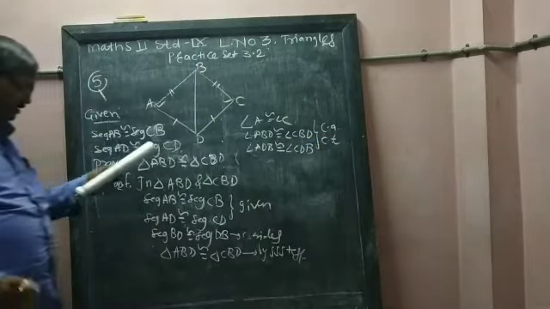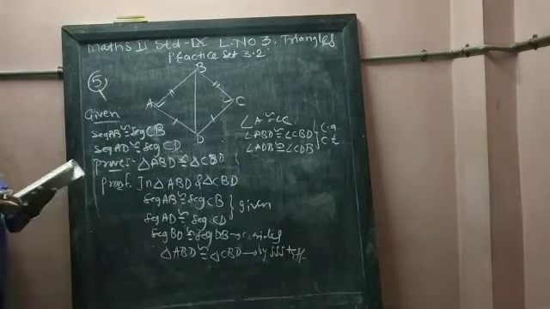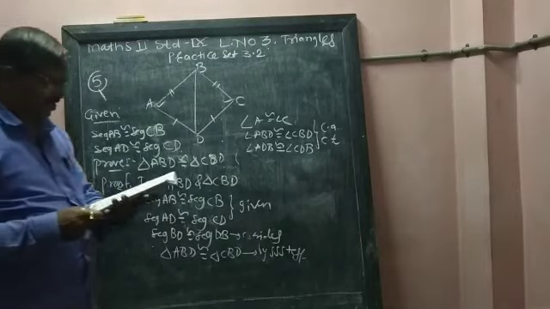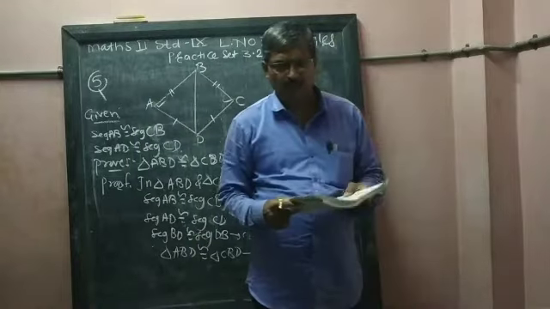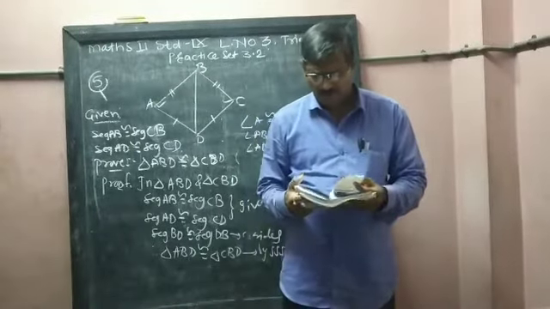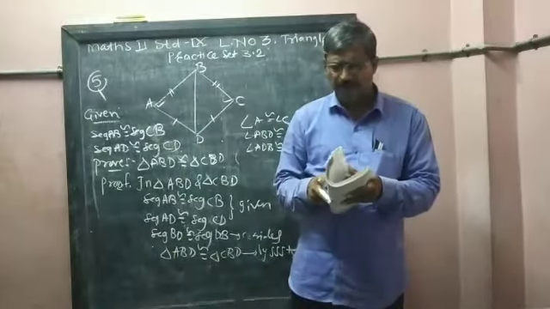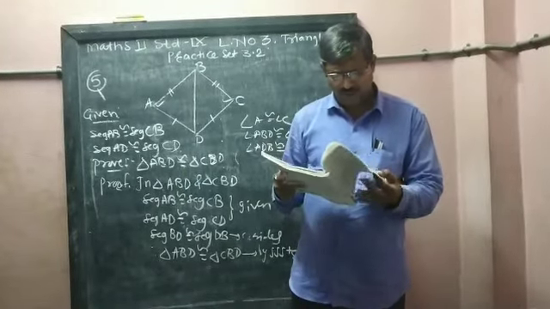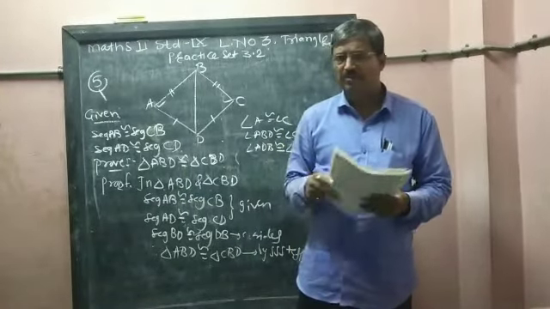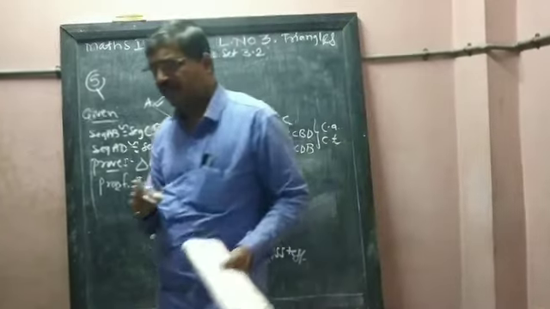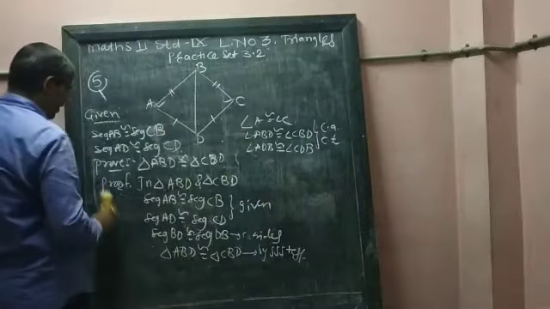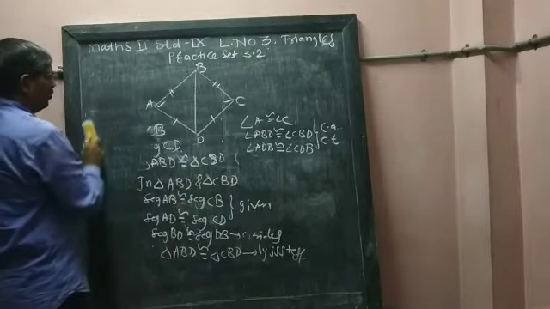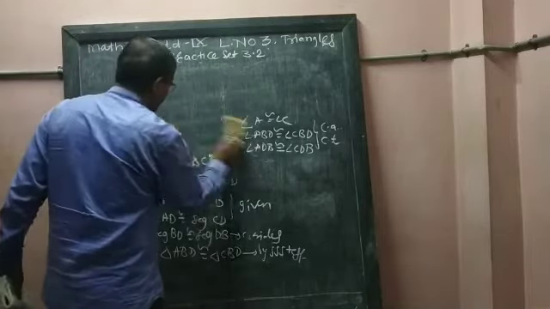That is the reason. In this way, exercise 3.2 is completed here, and we have to see some theorems and solve 3.3. But before that, I am going to give you little information about which theorems we are going to see in the next video.